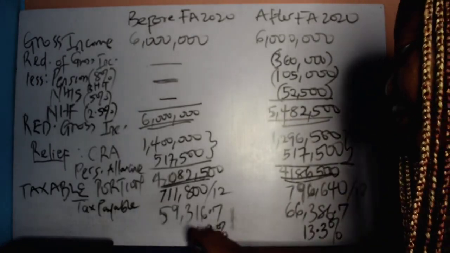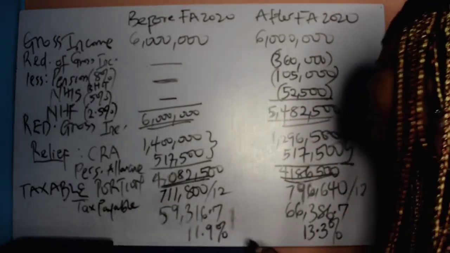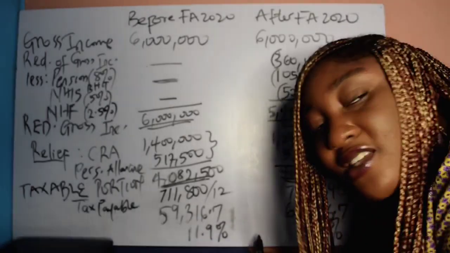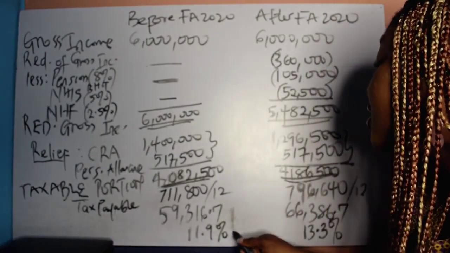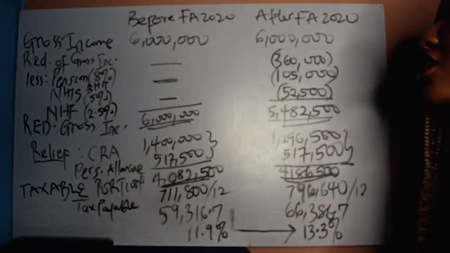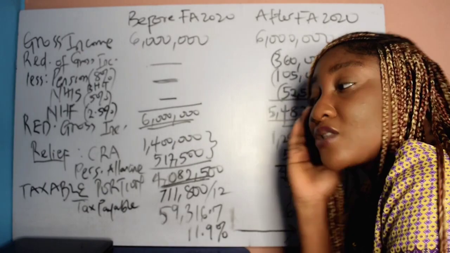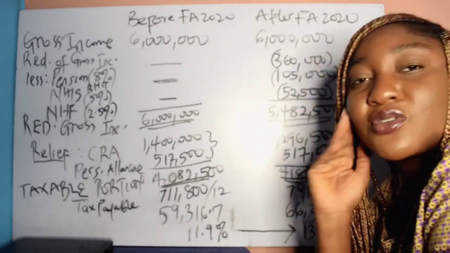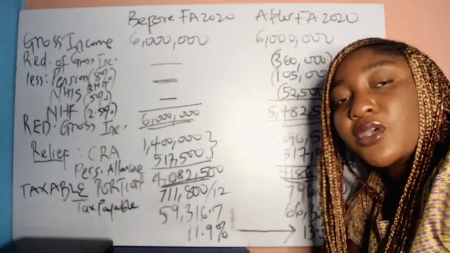Yeah. So it means that after Finance Act 2020, your tax rate increased from 11.9% to 13.3%. So that's the whole summary. I hope this video answers your question. This video just feels like a struggle from the beginning to the end.